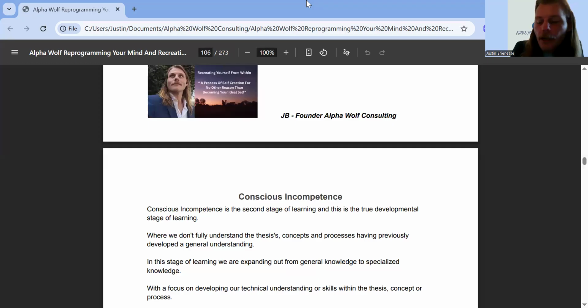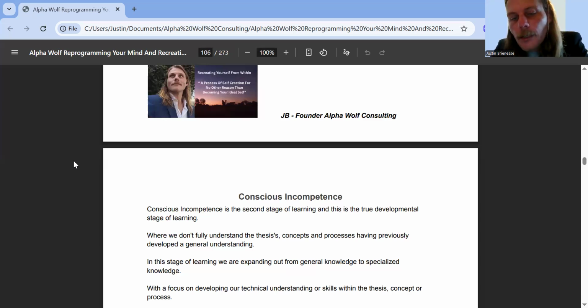So if we think about it like this, unconscious incompetency: I don't even have a compass. I don't have an understanding of what north, west, south, and east is, and I don't have an understanding of where I am in relation to the direction or the destination I'm trying to get to.